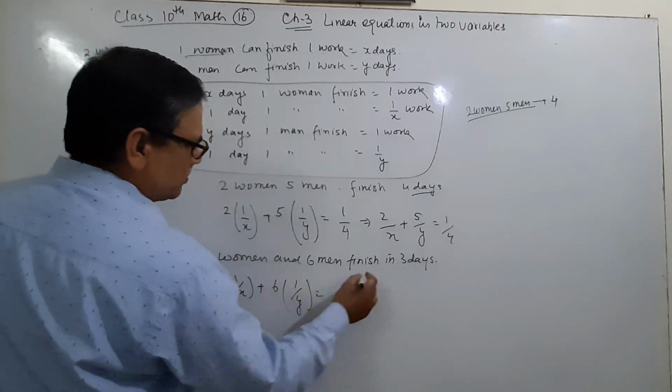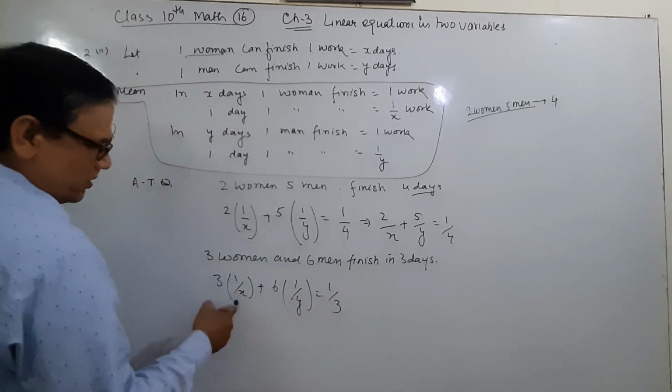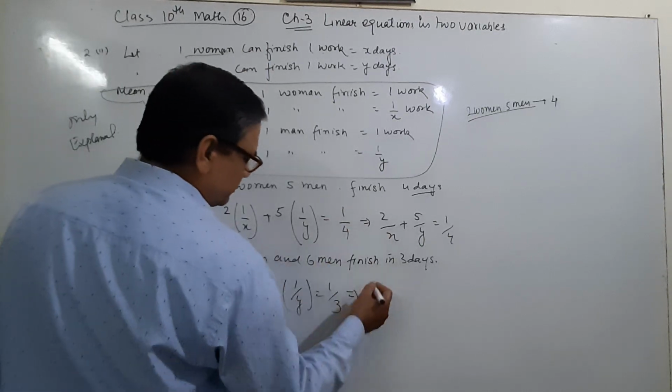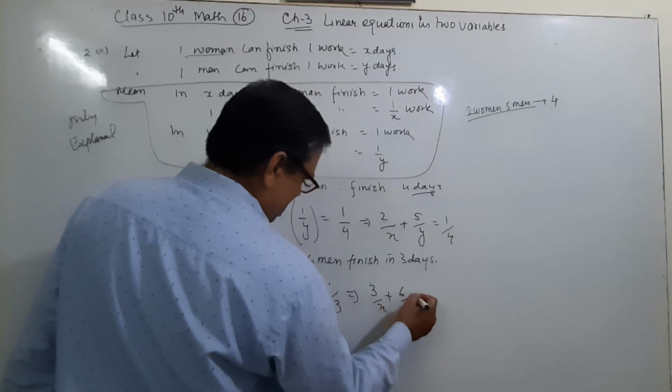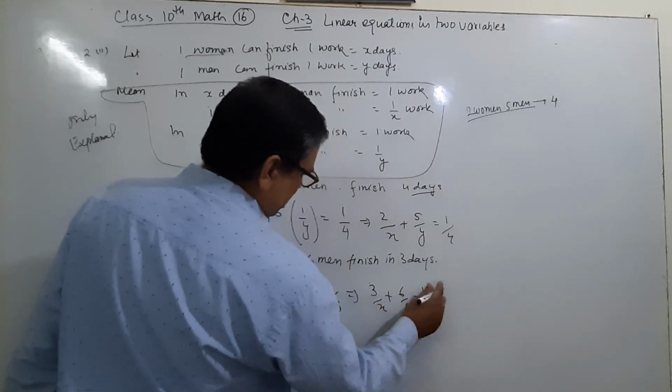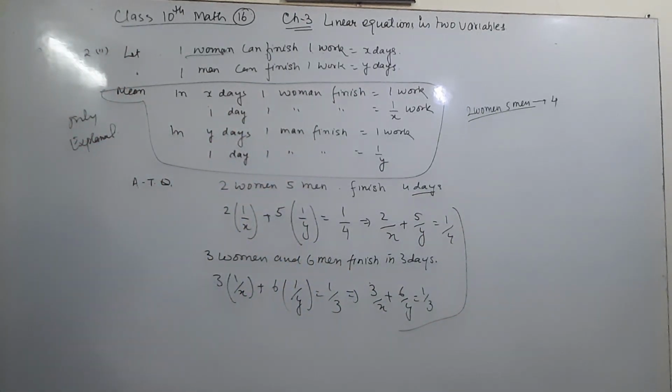In 3 days, one work, so 1 by 3. The equation is 3 upon x plus 6 upon y is equal to 1 by 3. Now you solve. Here are the two equations, and find the values of x and y.